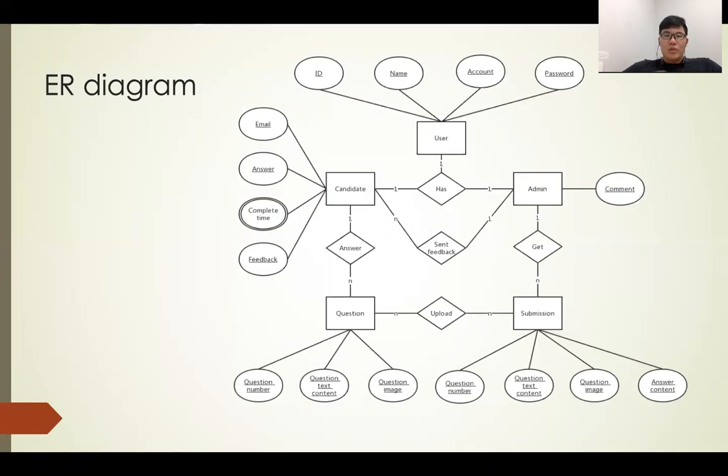From the ER diagram, we will easily know what is going on here and what the relationship is between the candidate and admin and question submissions, and all the attributes they have. And here we also mention the numerical relationships. Here is 1 to 1 and here is N to 1.